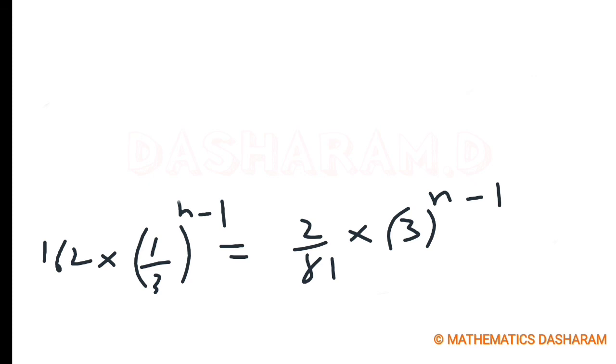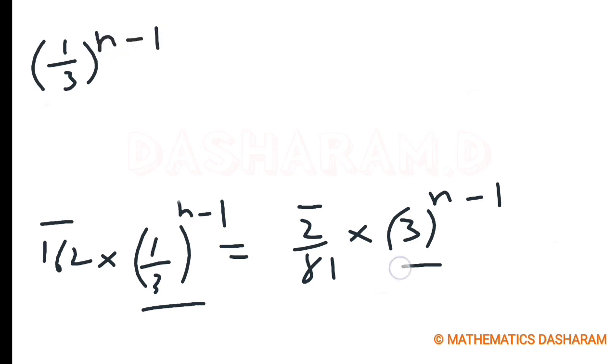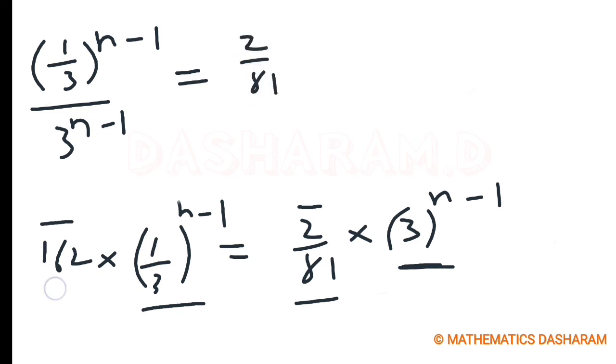So now write the n terms on the left side and constants on the right side. (1/3) whole power n minus 1, here it is multiplying, so transposing to the left side, it will go to the denominator place. Next, on the right side 2/81, here 162 is multiplying, so when transposing to the right side, it will go to the denominator place.